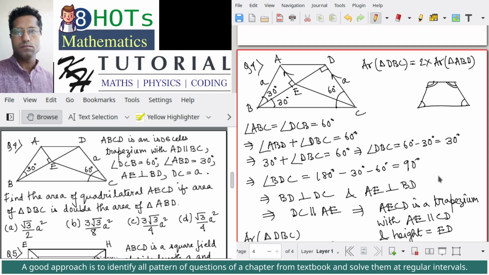BE we have found. Is there any way to find BD? This is a 60 degree. This is a right angle triangle.